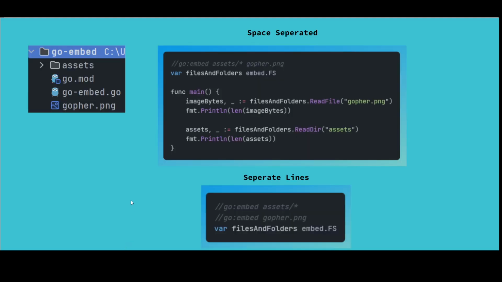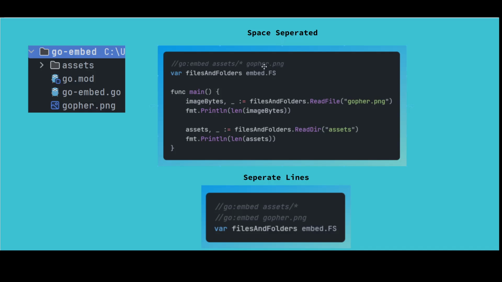Now, while embedding the files, you can use space-separated patterns. Let's say you want to include the assets folder and this image, which are peers, or siblings, of each other. Then you can do space-separated, which is assets/*, that means I would like to include all the files within this folder, and a space, gopher.png.